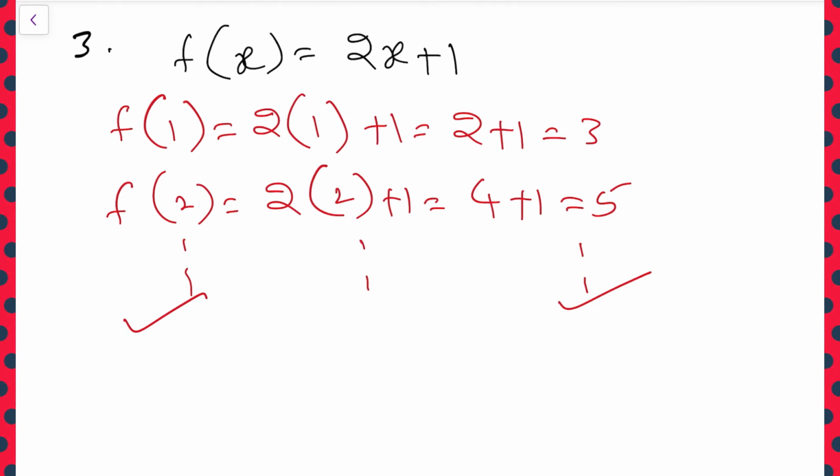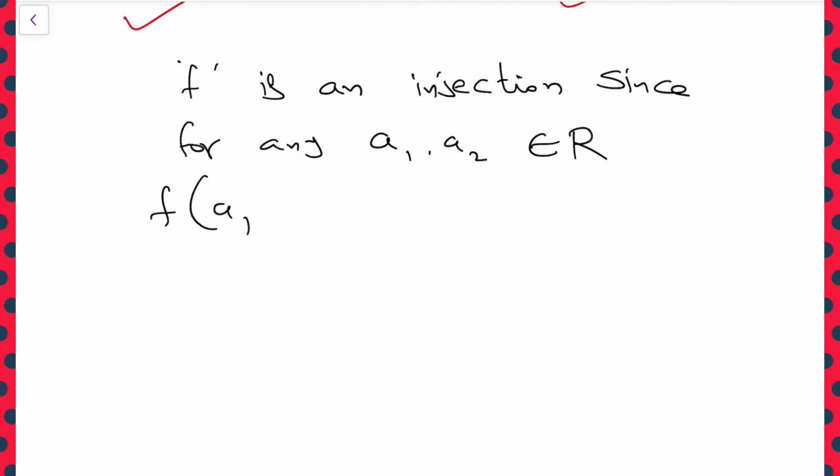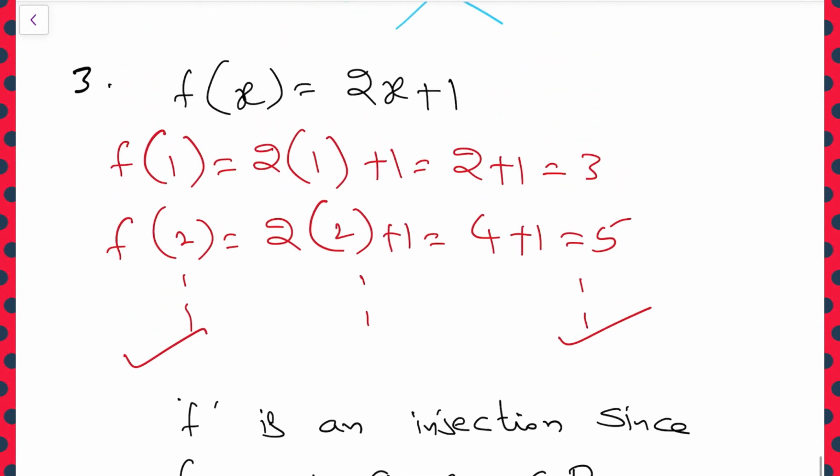The same question we can explain by one more method also. Check this method once. f is an injection since for any a1, a2 belonging to R, f(a1) equals f(a2). Now in the given question we have 2x + 1, right?